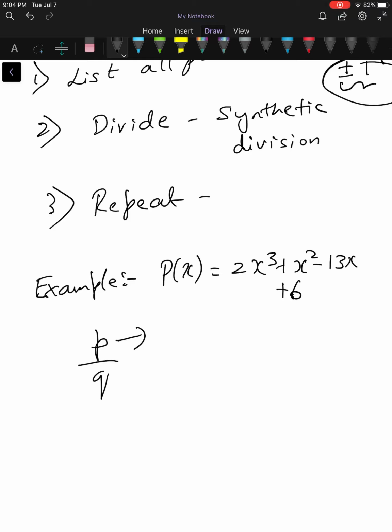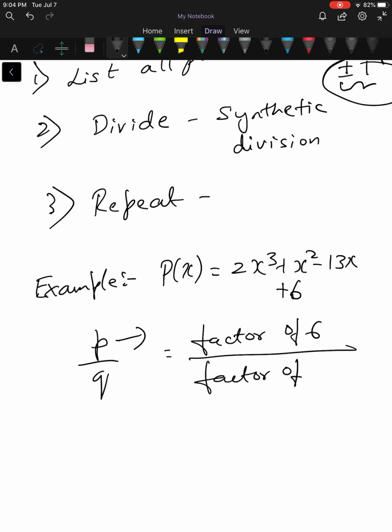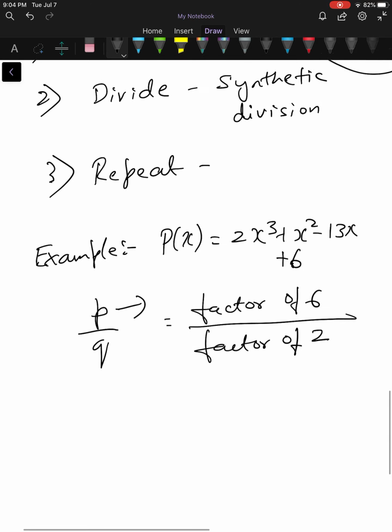So that means p would be a factor of 6 in this case, and q is a factor of 2 in this case, correct? So what are all the factors of 2? It is 1 and 2. So plus or minus 1 and plus or minus 2 are the possible options for the denominator, and for 6 it would be plus or minus 1, plus or minus 2, plus or minus 3, and plus or minus 6.